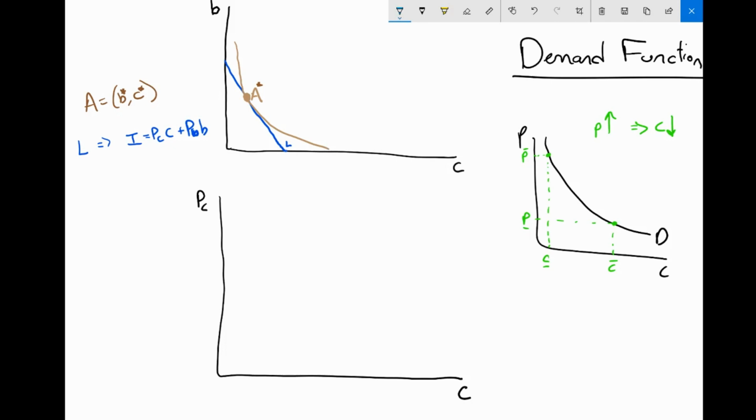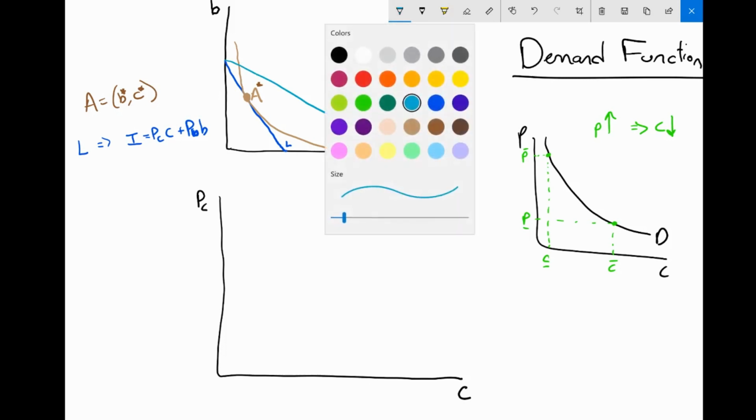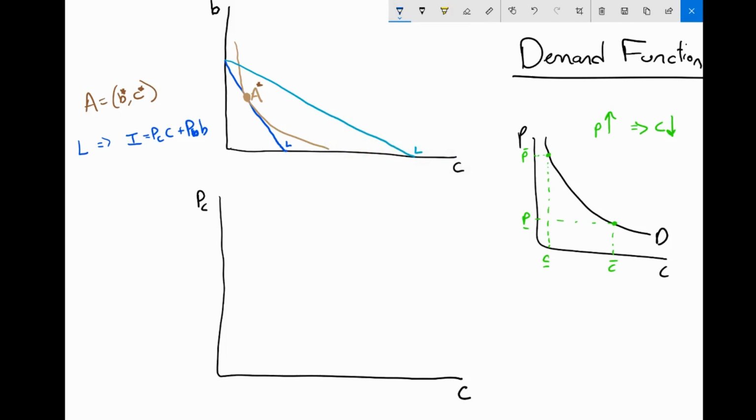Let's assume that the price of coffee, so here, this dark blue line has the price PC. Let's assume that the price of coffee decreases from PC to this light blue PC. So now we have this light blue budget line.